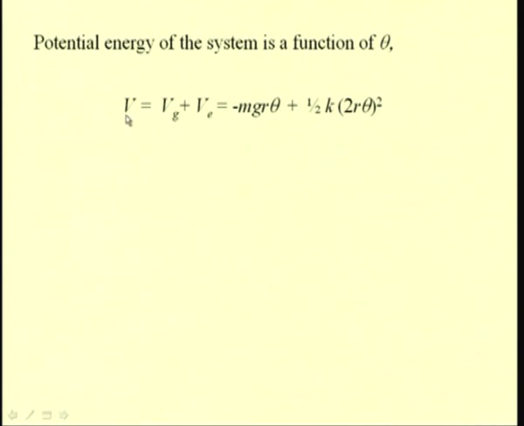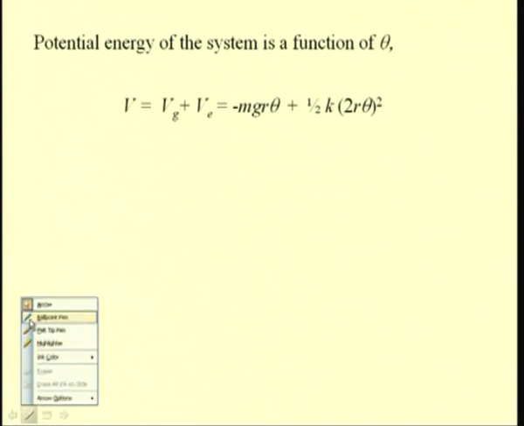We write the potential energy of the system as the potential energy due to the weight, or the gravitational potential energy, plus the elastic potential energy V_E, which is equal to minus mg r theta, because the weight is mg and the displacement that has taken place is r theta in the negative direction.